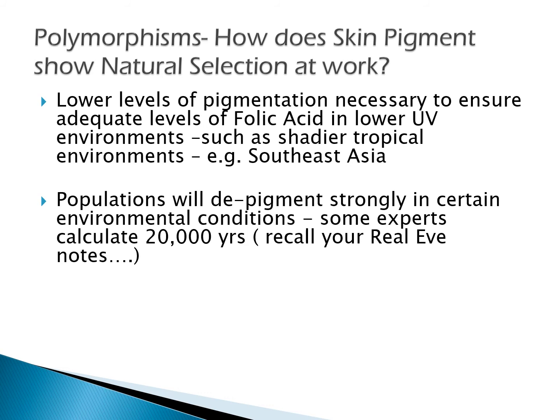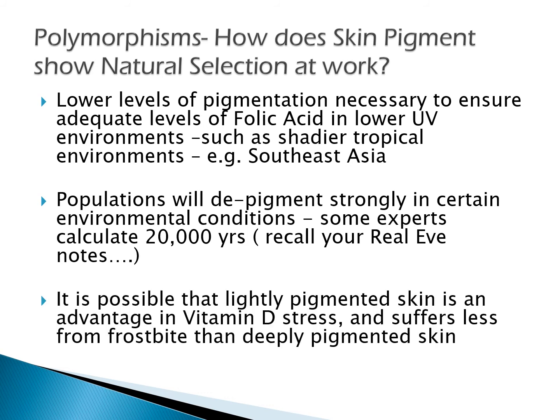So as she mentions in the lesson that you've already gone through, we will depigment very strongly or noticeably in certain environmental conditions. Full depigmentation of an entire population down to very lightly pigmented skin, maybe as much as 20,000 years in that environment.